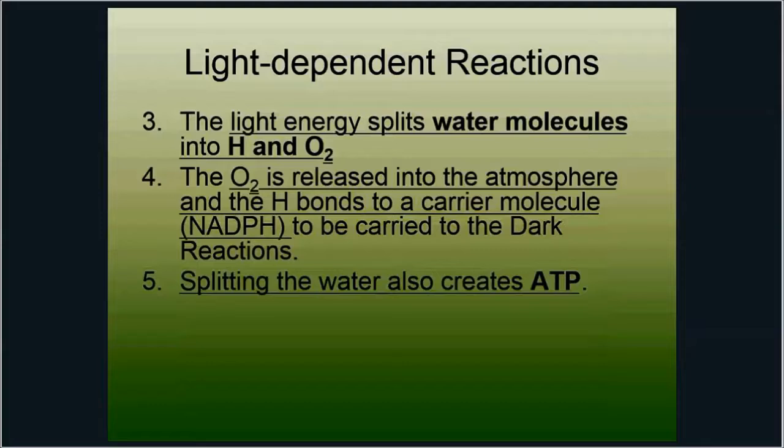We saw this in the other diagram, but the light energy splits water molecules into hydrogen and oxygen. The oxygen gas is released into the atmosphere, and that is what we breathe. It is just a byproduct. And the hydrogen bonds to a carrier molecule, NADPH, to be carried to the dark reactions. Splitting the water also creates ATP, which is the energy currency.